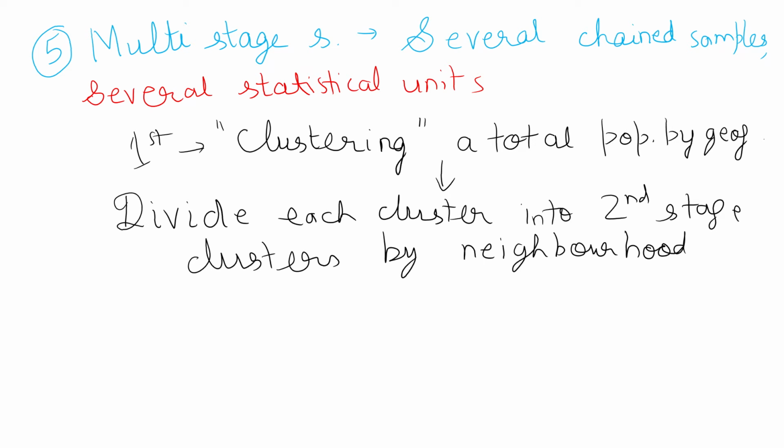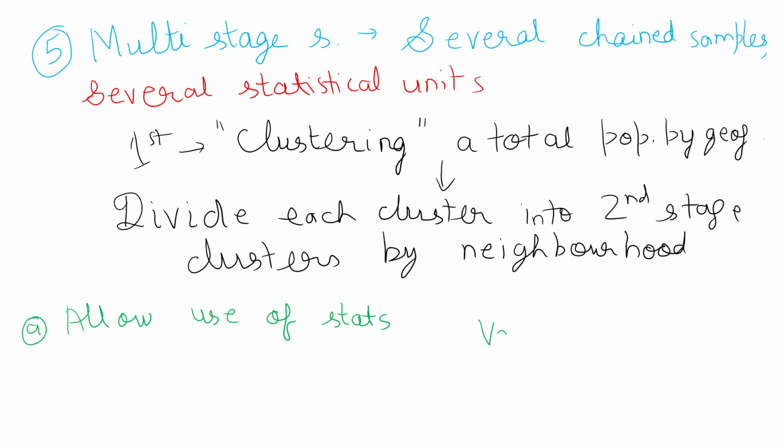So we have finished all the types of probability sampling. Some points about probability sampling now. First of all, probability samples allow the use of statistics. Every member of the population has a known non-zero chance of being selected.